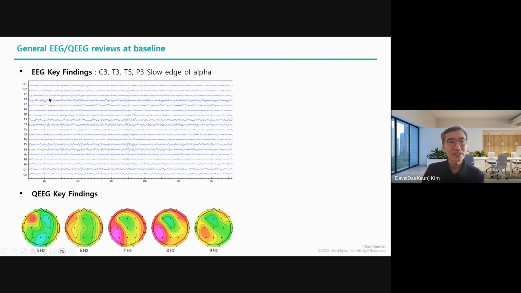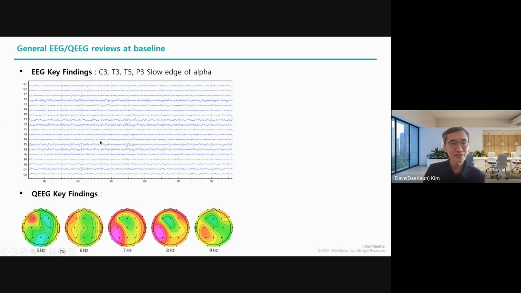We can see that T3, C3, T5 and P3 have bigger amplitude compared to other channels, and F3 is a little bit bigger. F3, T3, C3, T5, P3 are all left hemisphere areas. That means this area has larger amplitude, which means slower frequency.